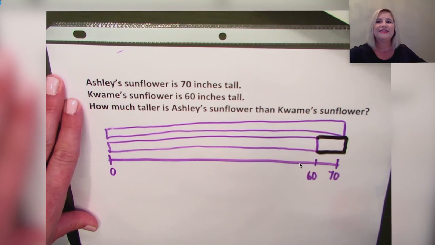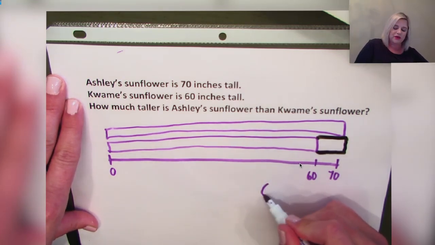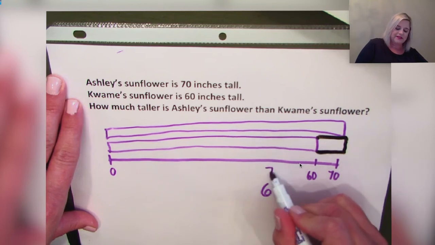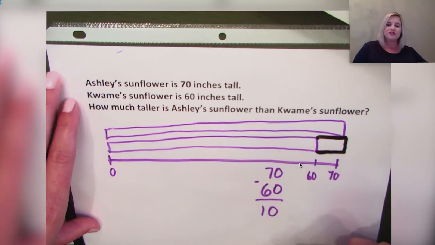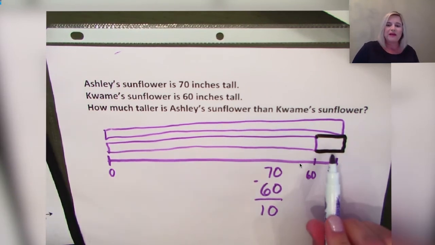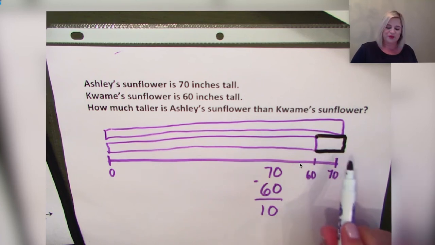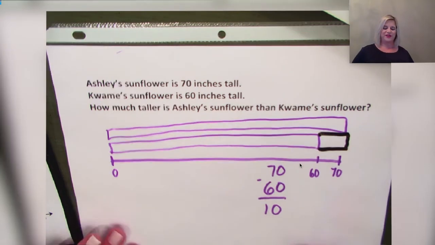It's 10 inches longer. So I can also write it like this, 70 minus 60 equals 10. So you can solve it by doing the standard algorithm or by looking at the difference in the model. Excellent job. Now, let's try another problem together.